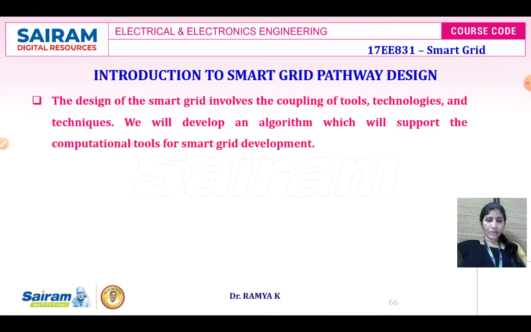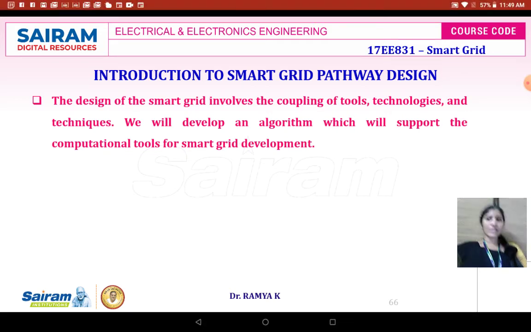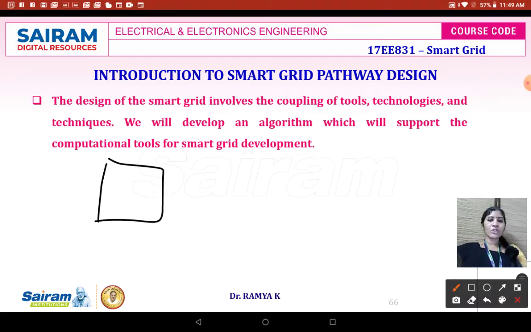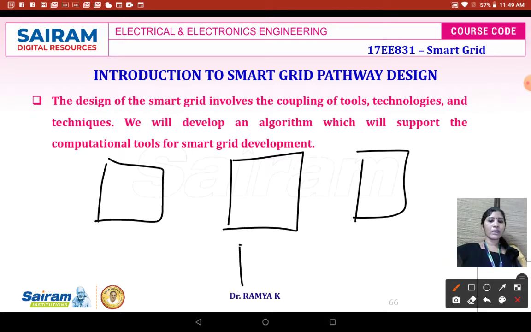After that, what are the exact tools and technologies that have to be incorporated in the smart grid that is involved in this smart grid pathway design? How exactly, where to connect the meters? For example, you have an input source, you have an output source, in between you have an inverter feedback path. So all are one to one connected.